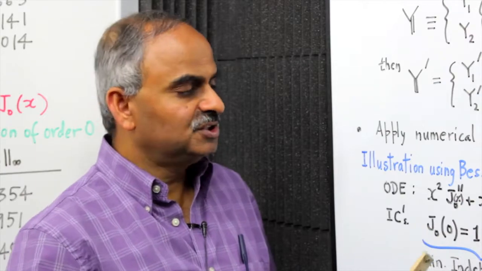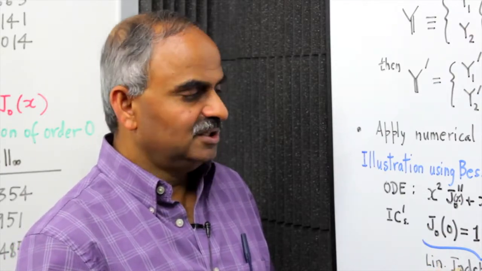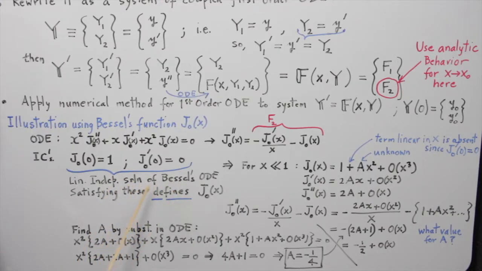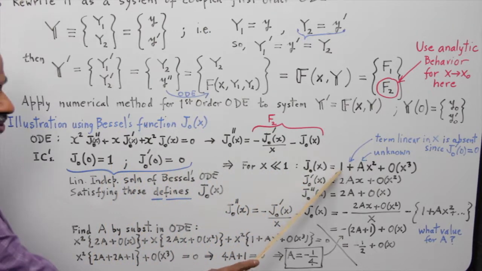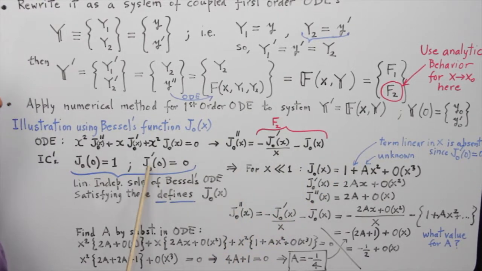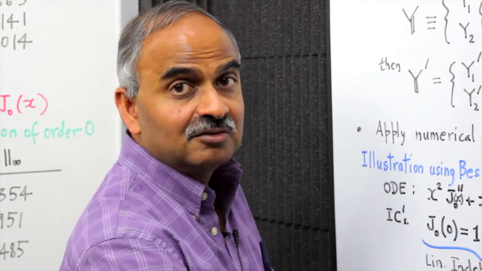So the J0 function is that linearly independent solution of Bessel's ODE which satisfies these two conditions. And for small x, because of these two initial conditions, J0 starts with 1, and then because the slope is 0, it doesn't have a linear term.